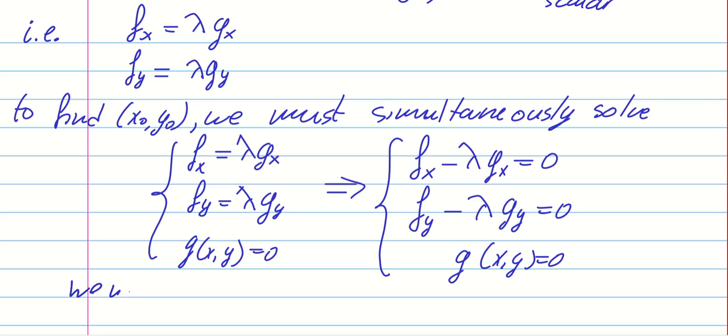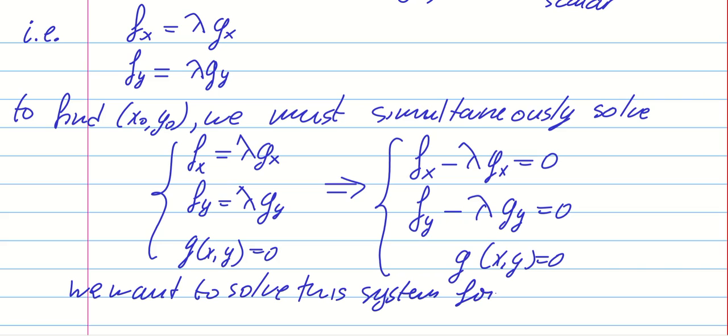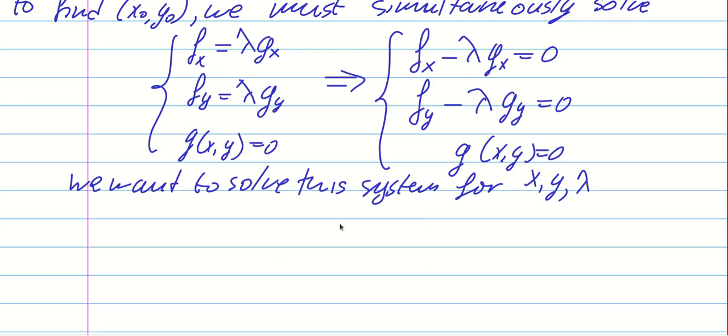So we want to solve this system for x, y, and lambda. We have 3 variables. Alright, so let's do that. Our f of x y is equal to 2xy.